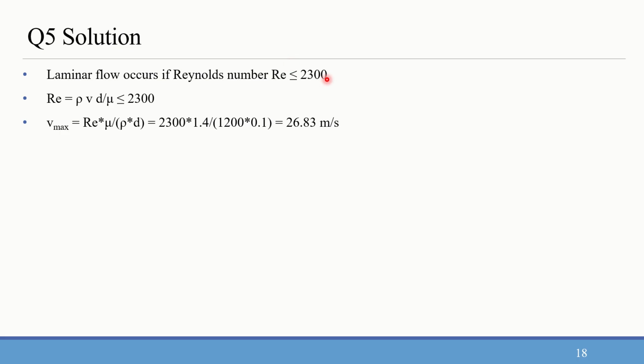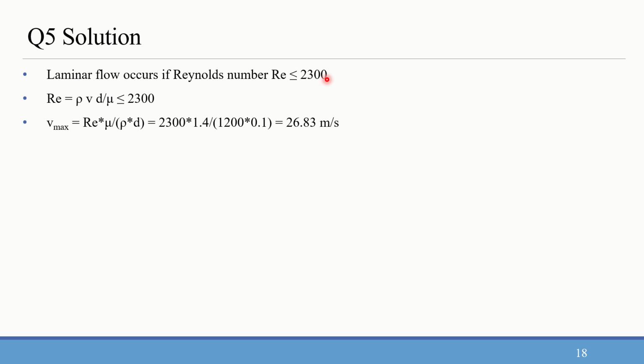So Re here is 2300 into mu, which is 1.4, divided by 1200 density, and into d, which is 10 centimeter or 0.1 meter. Now we need to calculate whether it is coming out rightly. It is 26.83 meter per second.